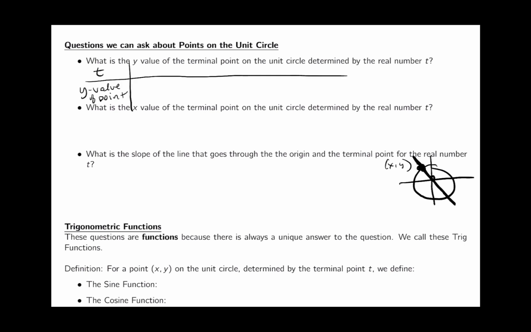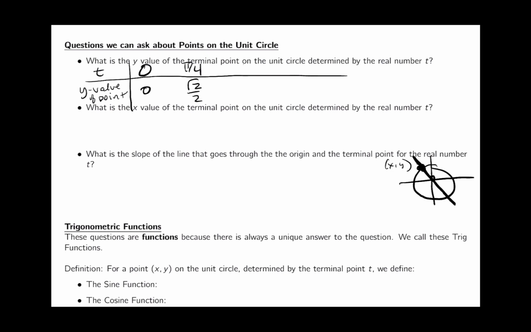Sometimes we might think about the answers to these questions by creating a t-chart. And for different values of t, I can say, well, what is the y value of the point? First, I have to figure out what the point is, and then determine the y value, the second coordinate. For example, when t equals 0, I know I go through the point 1, 0, so the y value would be 0. Or for the t value pi over 4, I know I go through the point root 2 over 2, root 2 over 2, so the y value is root 2 over 2.